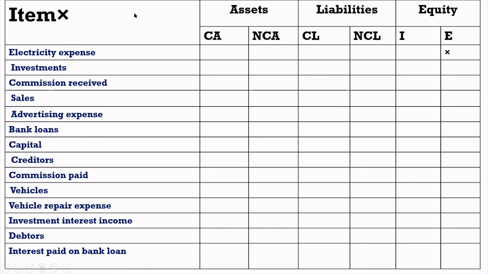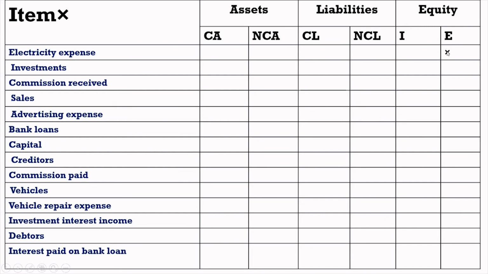I have taken the three main elements, those are assets, liabilities, and equity, to teach you this exercise, right? So the first answer is given, that is electricity expense. The expense is also given, so I won't be doing that again. It is an expense, that is why I have divided this into income and expenses.